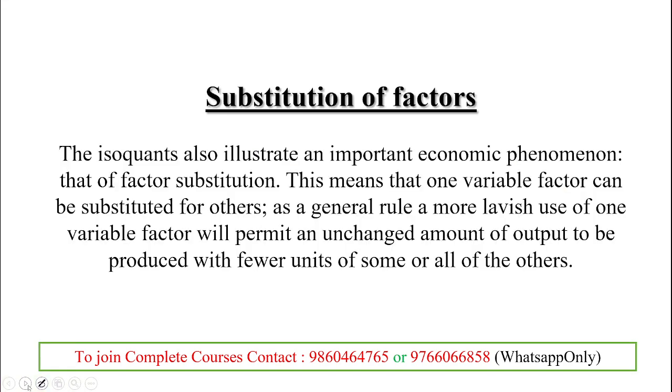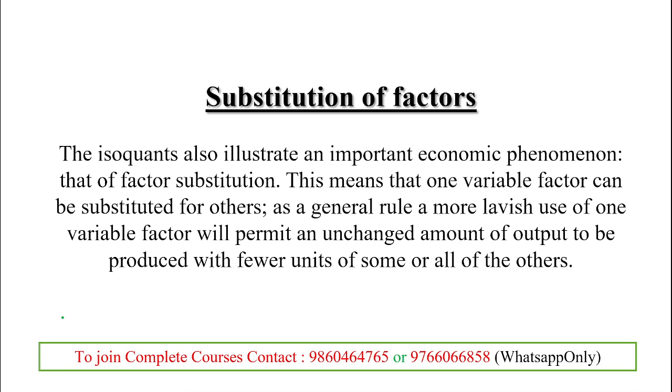Then substitution of factors. Substitution means substituting one factor for the other. For example, for 1 unit of labor we substitute 2 units of capital, and for 1 unit of capital we substitute 3 units of labor.